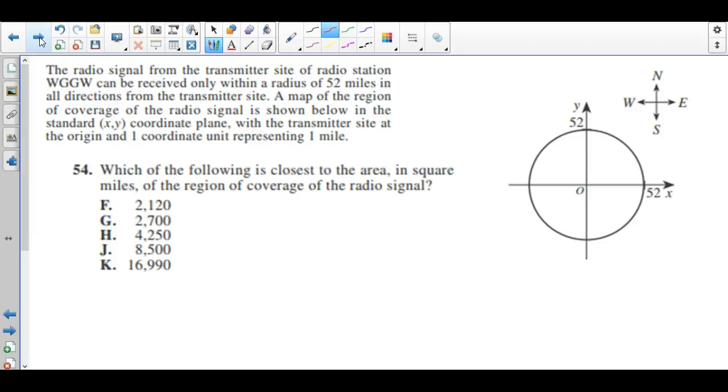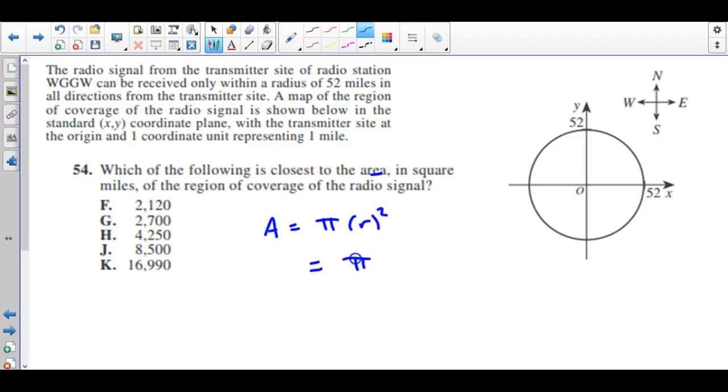Alright, this one I'm talking about a radio signal, so we had done something like this on the odd problems. It can be received between a 52-mile radius in all directions, so we have this map of coverage here. And this is going to be an area problem. It's looking for the area in square miles of this region. So A equals pi r squared.